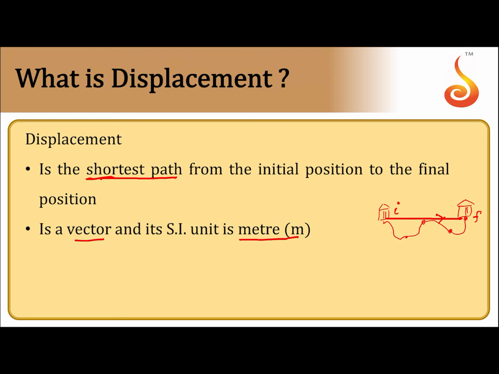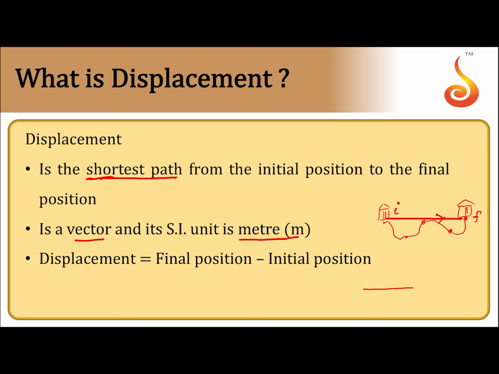Now, many a times we need to represent this in the mathematical form. How do we do that? It is given as final position minus initial position. For example, let us consider x axis here. This is the origin, and let us assume that the particle was located initially here and it went to the final position here.